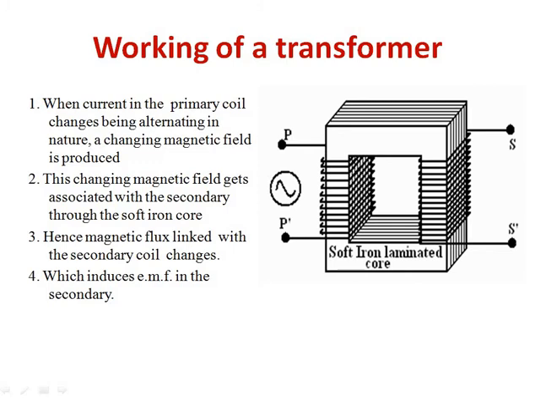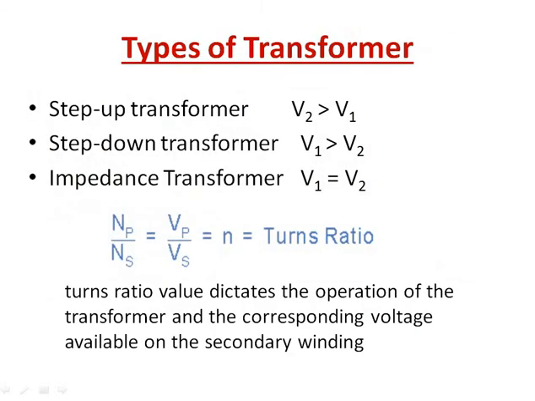Hence the magnetic flux linkage with the secondary coil changes, which induces the electromotive force in the secondary winding.